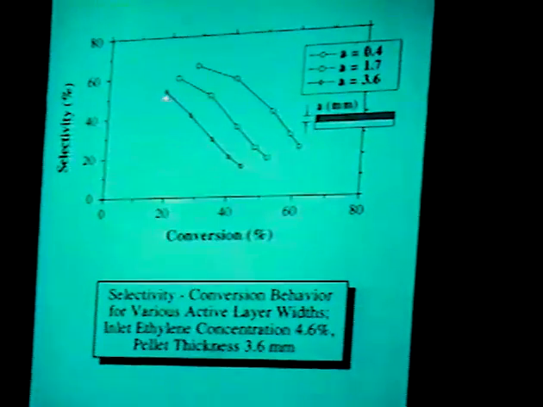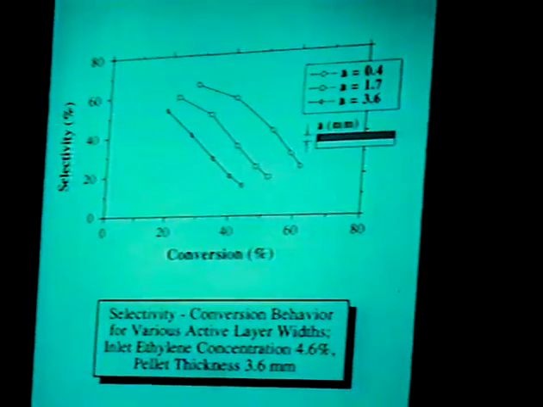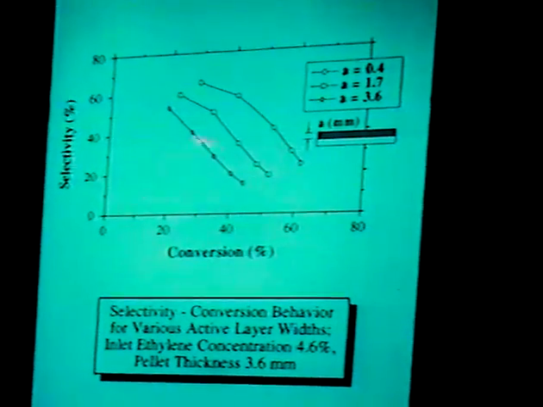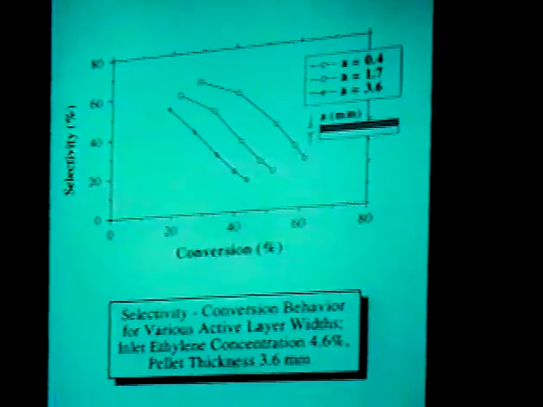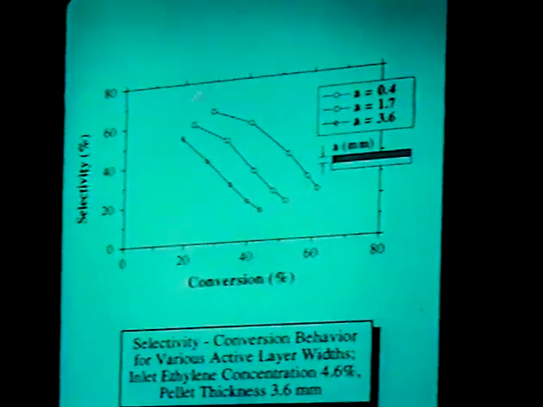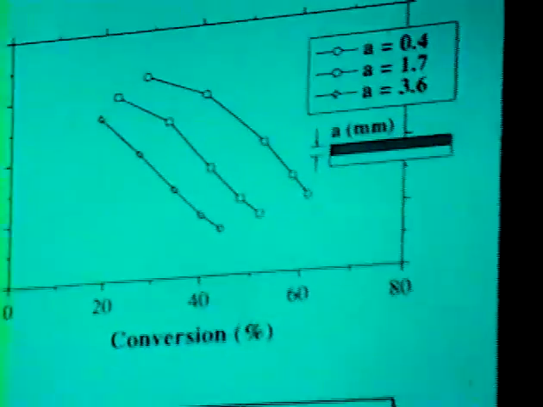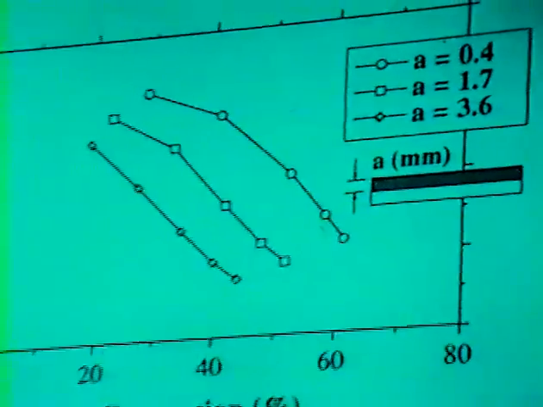So for the same amount of catalyst, same conditions for the feed, but of course a different temperature, we could instead get around 70% selectivity.